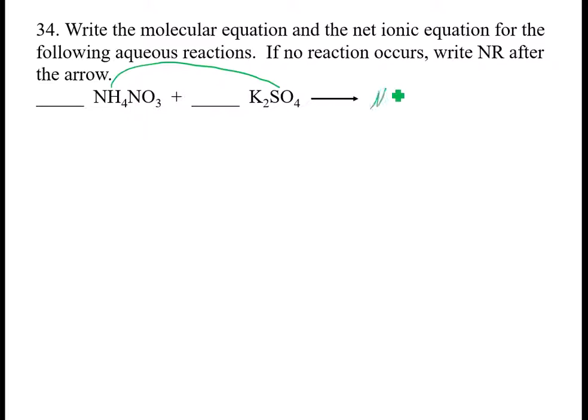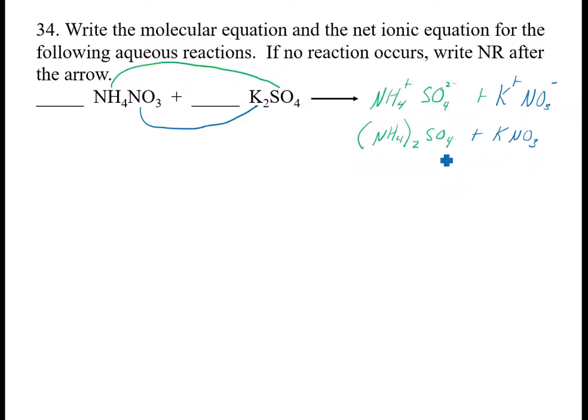NH4 is a +1 charge, SO4 is a 2 minus charge, so this becomes (NH4)2SO4. Plus, back to my blue, nitrate and potassium, but potassium is written first. So it's K plus and NO3 minus, so plus KNO3.